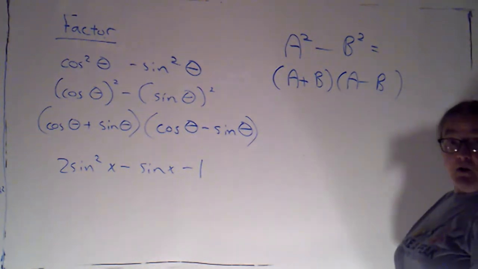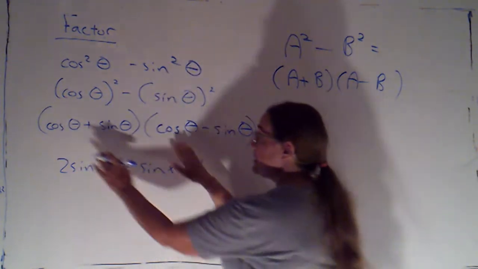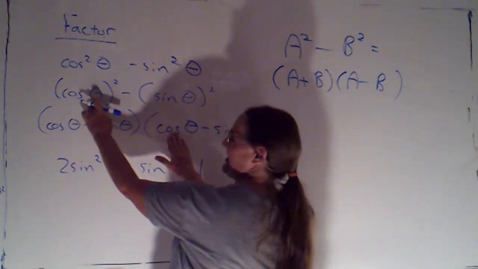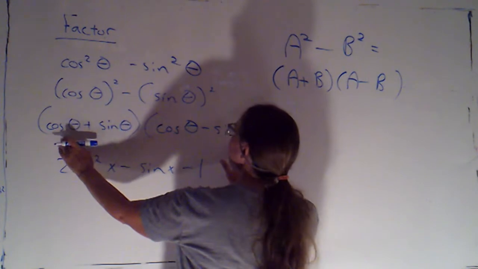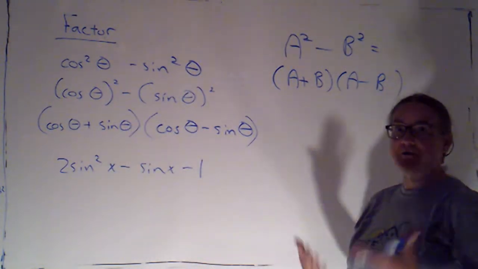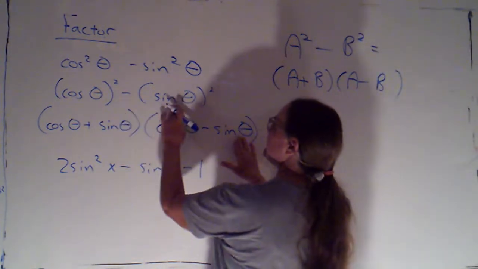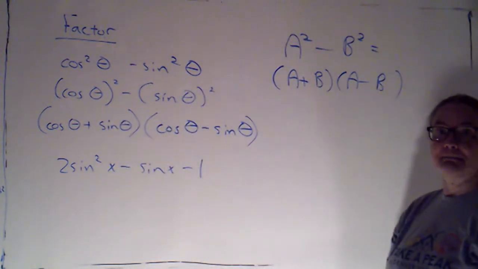The reason that works is because if we were multiplying this out, we would have to FOIL it. Well, the first terms, that's going to give me my cosine of theta squared. The outsides and insides are going to be exact opposites of each other. So they're still there, but they cancel each other out. And then the last terms give me my minus sine squared.